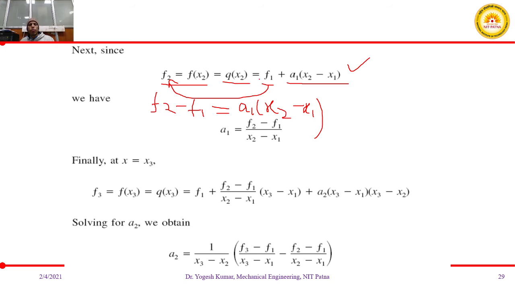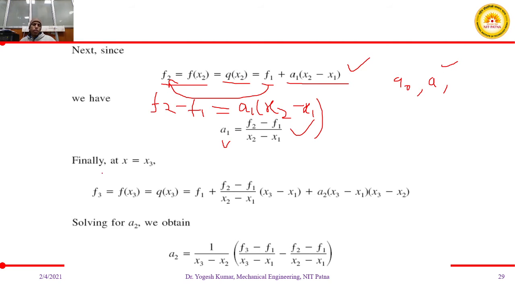We have chosen the values of x1 and x2, and we know the values of f1 and f2, so we can calculate the constant a1 equal to f2 minus f1 upon x2 minus x1. So we have calculated a0 and a1.